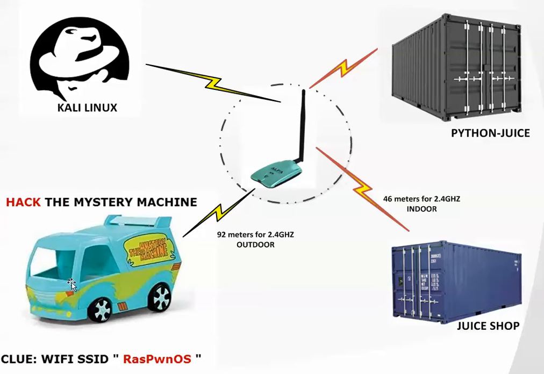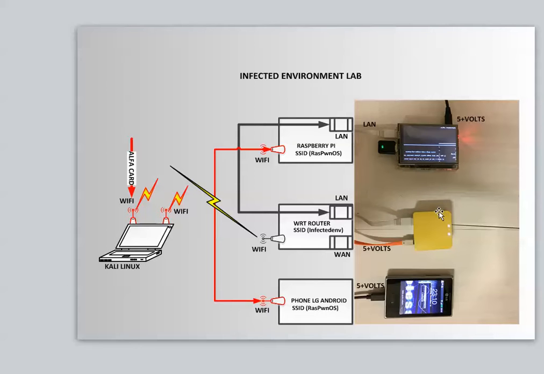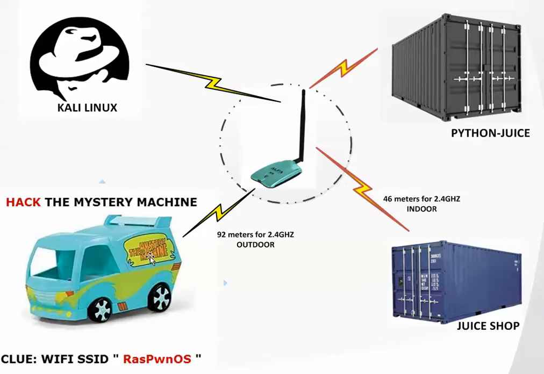After that, I've packed all this network into an innovative Scooby-Doo truck called the Mystery Machine. So it's inside in there, and this is what we'll be using to hack. The only clue we are starting with is the SSID, which is RASP OS.